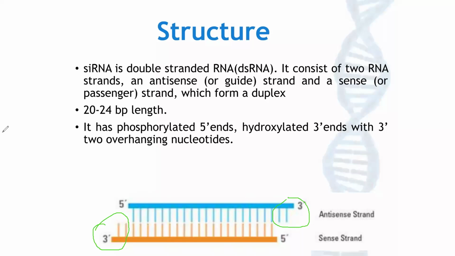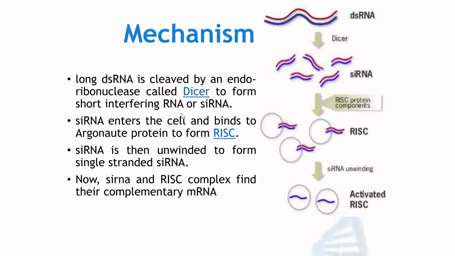Now, the next thing that we are going to look at is the mechanism of the short interfering RNA. What usually happens is that the short interfering RNA is double-stranded. The first thing is an enzyme called dicer, and these dicer enzymes cut or clip it into smaller fragments.